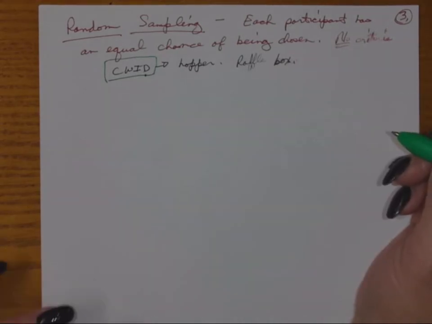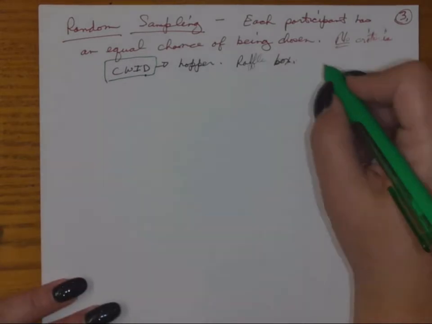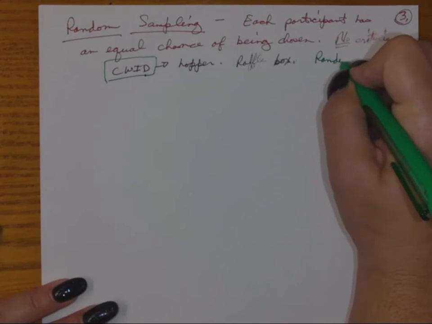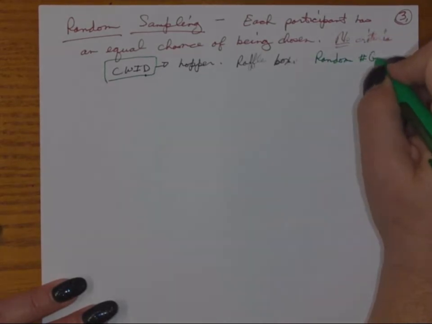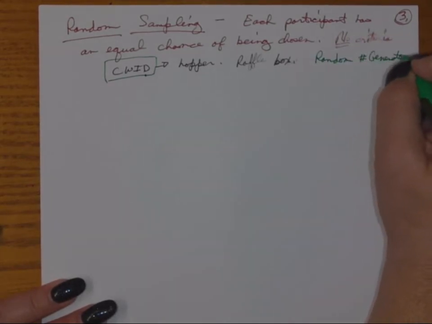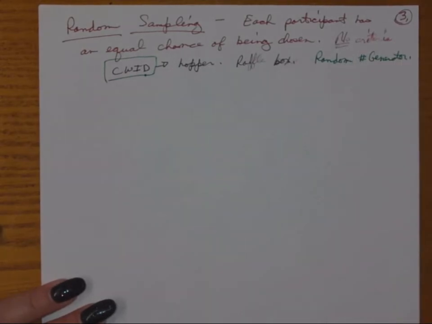If you're doing other stuff with this, for instance, I could use a random number generator on my calculator. I could give everybody a number and I could punch on my calculator or make my computer do large number generations, and they just find a number, and then I'd go find, okay, whose campus-wide ID is that, or whose number is associated with the number that the computer stuck out at me.